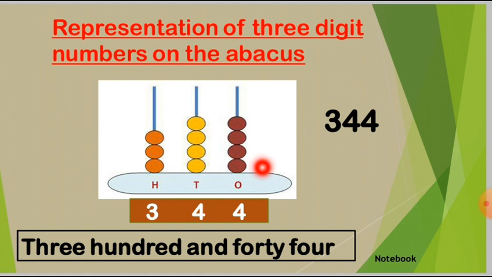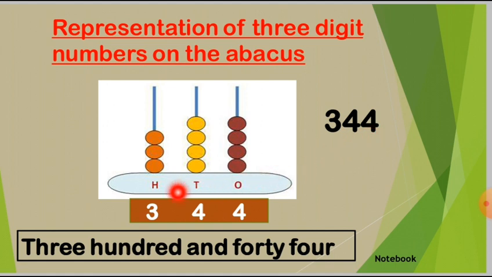It has 3 spikes which have the place values 1s, 10s and 100s, and the number given here is 344. It has 3 places, right? So in this number we know it has 3 hundreds, 4 10s and 4 1s, isn't it?